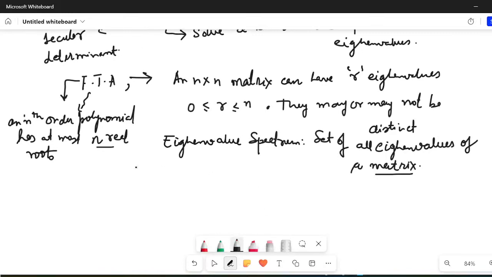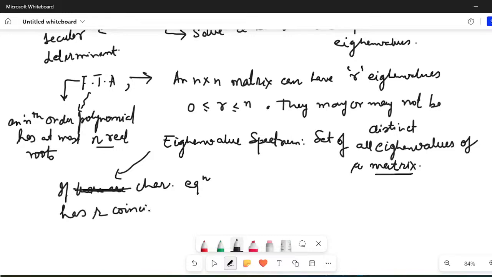Now, if there are roots, for example, if I solve a characteristic equation and the equation comes out as (lambda minus 2) power 3 times (lambda minus 1) power 1, then I have three coincident roots as 2. So 2 is appearing 3 times here.